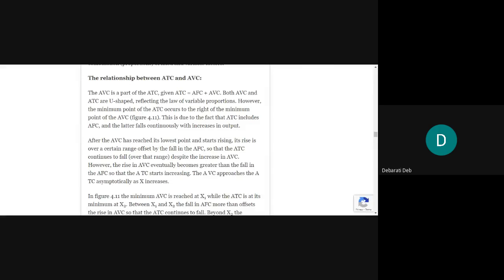However, the minimum point of the ATC occurs to the right of the minimum point of the AVC. Now this is going to happen. Okay, let us see figure 4.11. Look at the U-shaped curves, that is SAVC and SATC. Both of them are U-shaped.